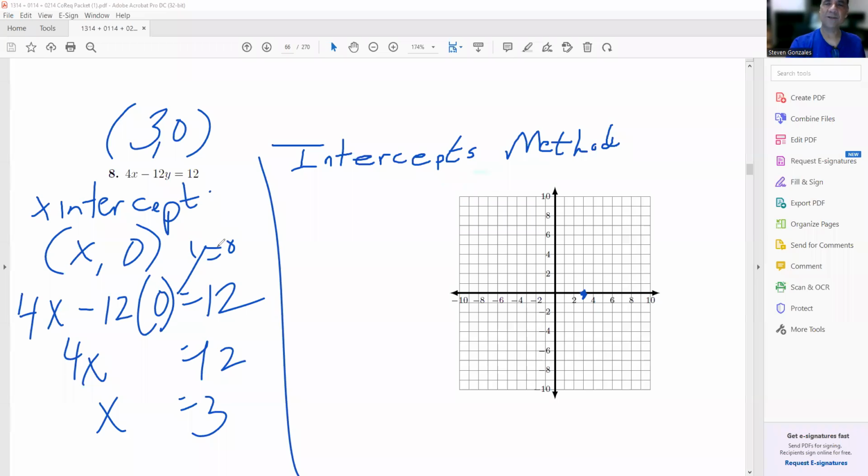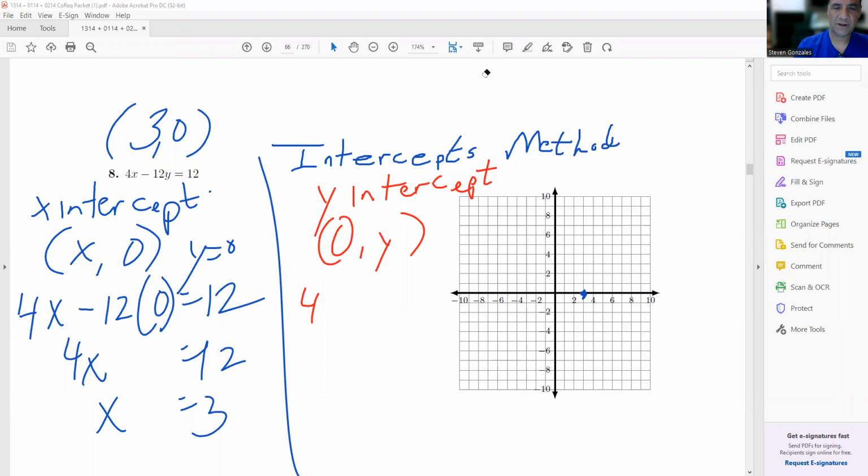Now, if you want the y-intercept, well, since the x-intercept involved x, 0, it would make sense that the y-intercept would involve 0, y. So once again, plug 0 in for x, solve for y.